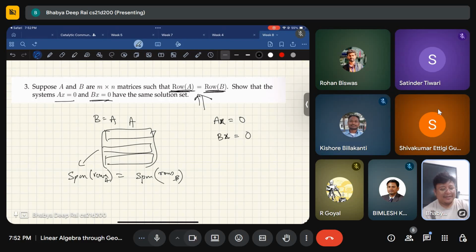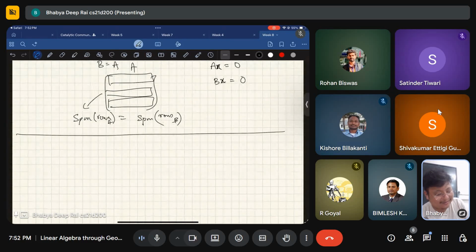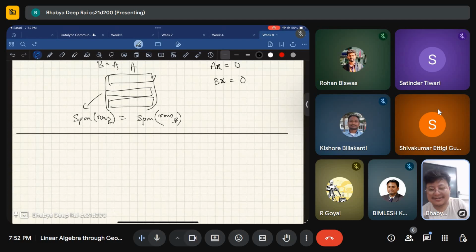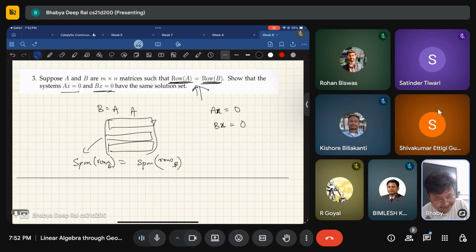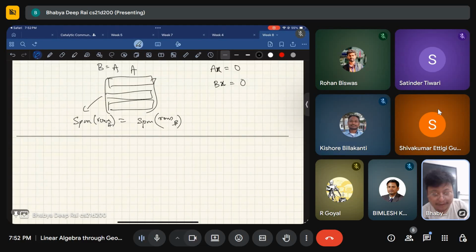But the other way to do it is simply using the knowledge that we have of vector spaces. I know that the row space of A is the orthogonal complement of the null space of A. What does orthogonal complement mean? It's the complement with everything there.